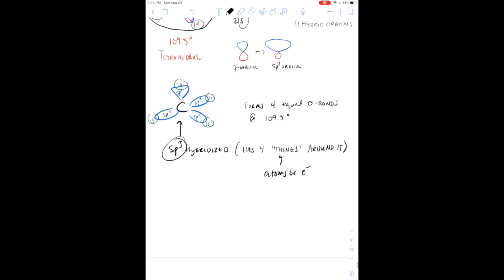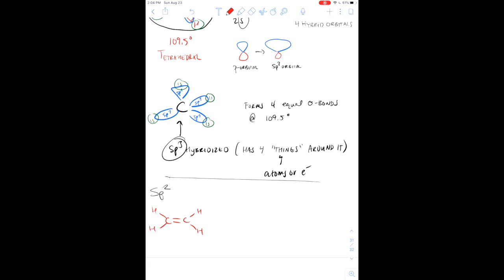All right. So now that we've done the sp3 hybridization, let's take a look at the sp2 hybridized orbitals. Pretty much the same setup, right? Let's take a look at a carbon-containing compound, a hydrocarbon. Two carbons bound to one another with just two hydrogens on each of them and a double bond in between.